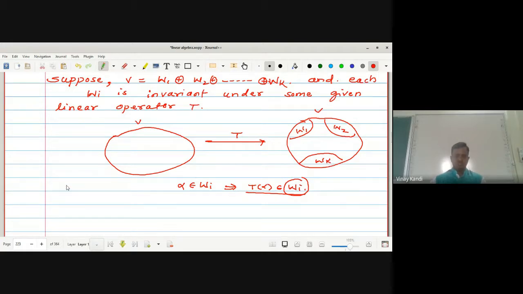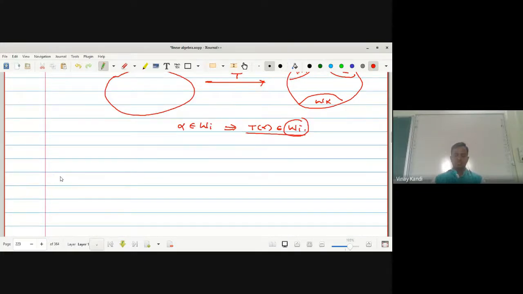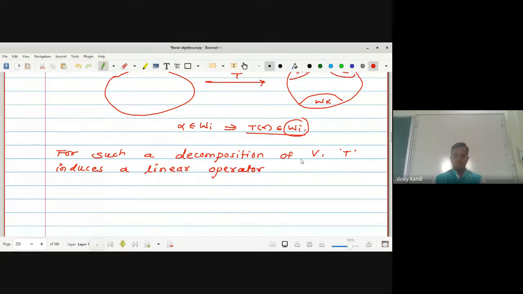So for such a decomposition of capital V, T induces a linear operator T1, T2, up to Tk, on W1, W2, up to Wk respectively.